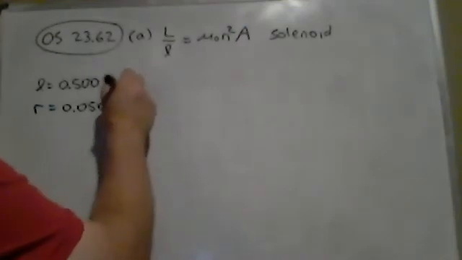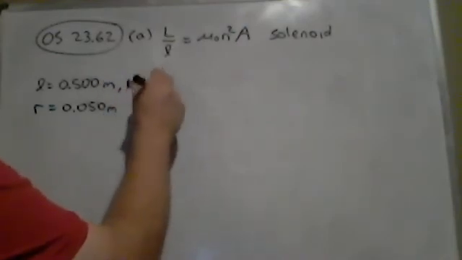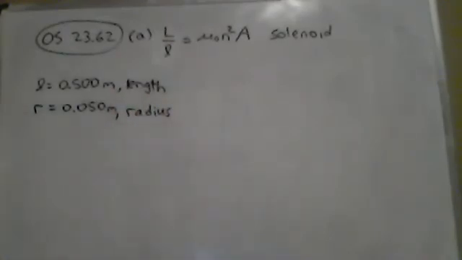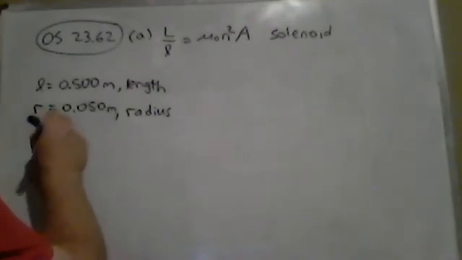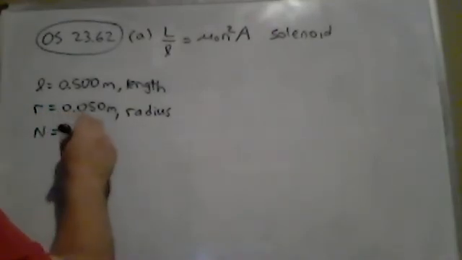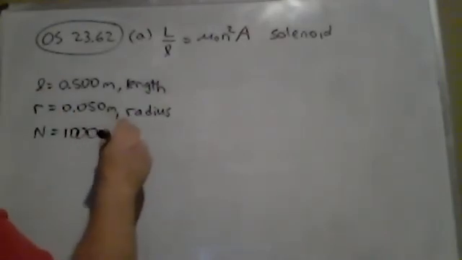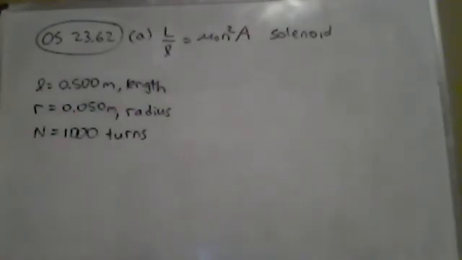This is the radius of the solenoid. And then we're given that there are capital N, or 1,000 turns on the entire solenoid.